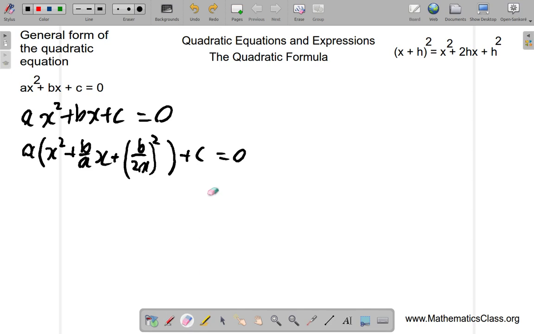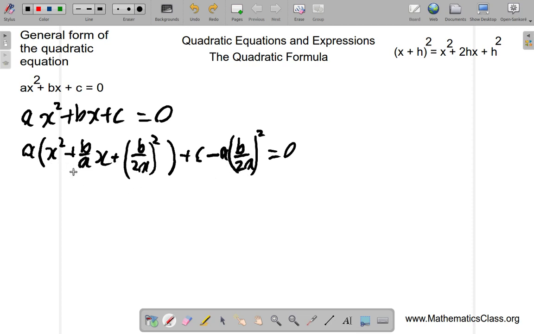If we say this is c, we added b over 2a squared, so let's subtract b over 2a squared equals 0. But then there's another thing. Whatever is inside the bracket is multiplied by a. So when we go outside the bracket, looking from outside, what we really added was a times b over 2a squared. So we're going to have to subtract a times b over 2a squared.